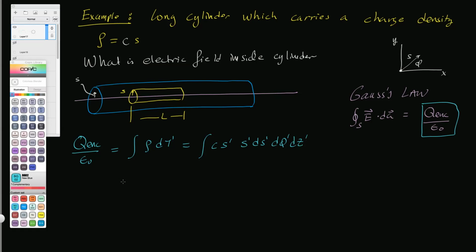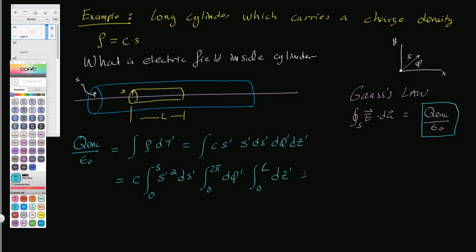So this is C times the integral of S prime squared dS prime from 0 to S, because we're inside our Gaussian surface, and then the integral from 0 to 2 pi of d phi prime and the integral from 0 to L of dz prime.